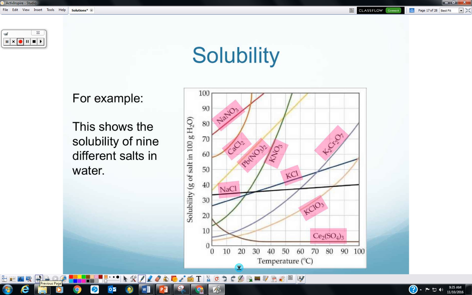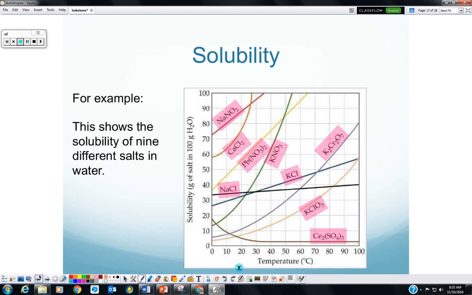All right, so guys, gentlemen, when we're talking about solubility, we have something called a solubility curve. So when we're looking at this, we just made some statements about temperature in its relationship to the solubility of a substance.